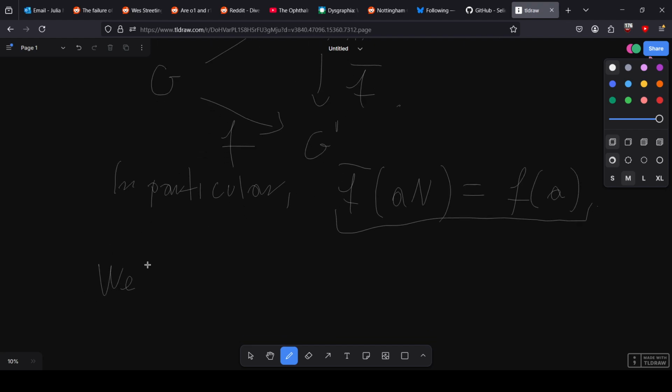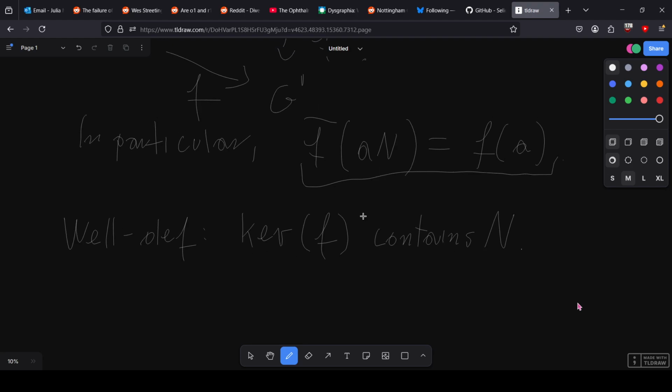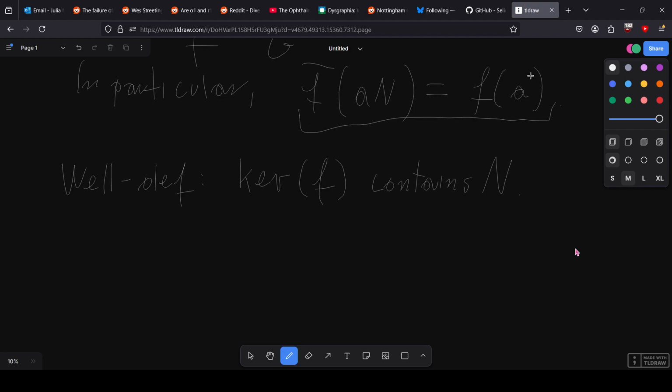If you want to check well-definedness, well, this is given to you directly by the fact that the kernel of f contains the normal subgroup N. As this guarantees that two elements map to the same thing if and only if they are in the same coset of the normal subgroup. Actually checking that this is a homomorphism is nearly immediate.